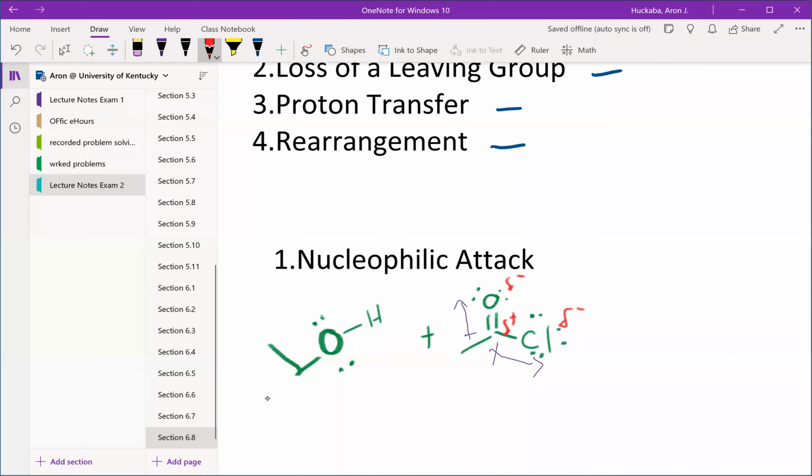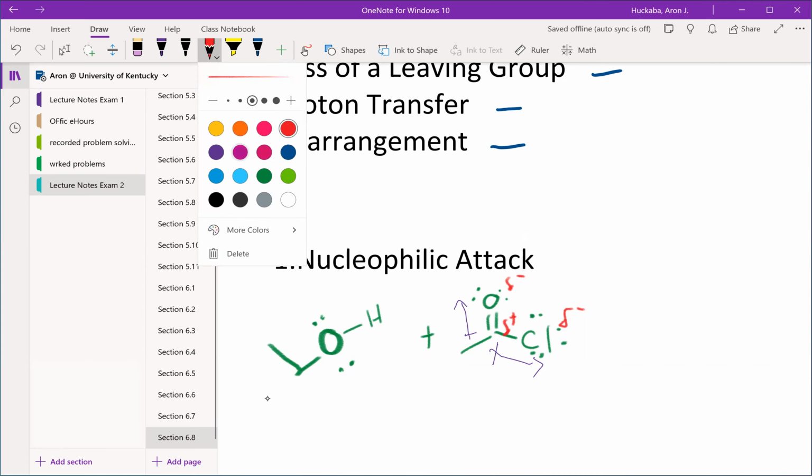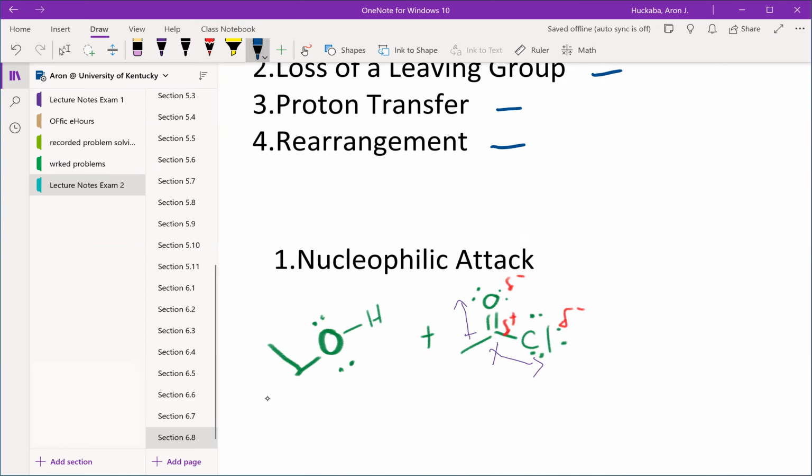All right, so now that we have our region of electron density, which is the alcohol's lone pairs, we can then have an arrow that goes from the lone pair on the oxygen to that electrophile.